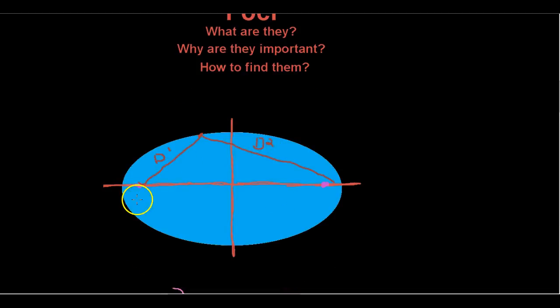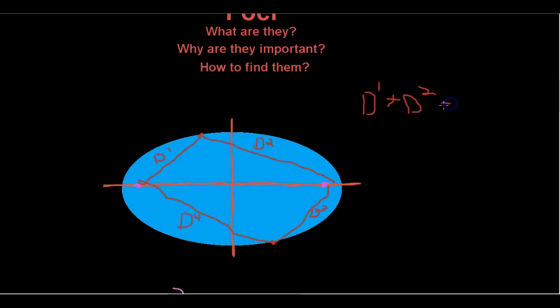And then that's going to be the same here. If we have a point down here, so from here to this point, and then from here to that point, we'll call that D3 and D4.